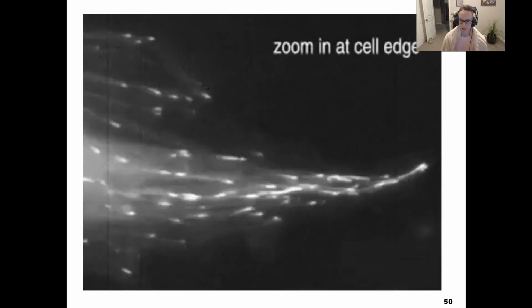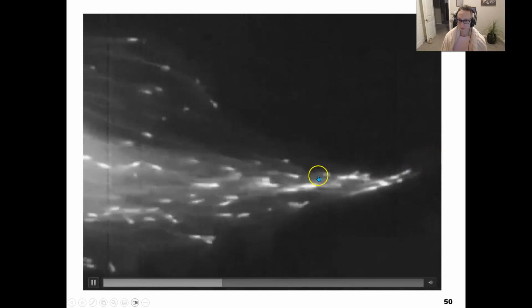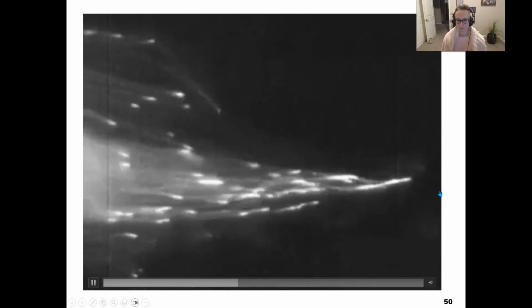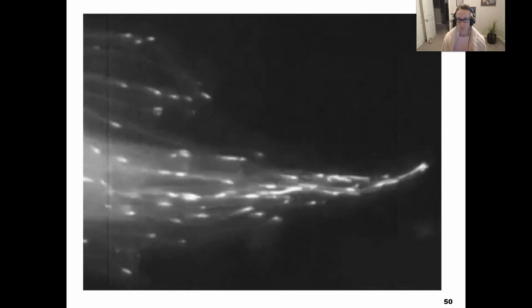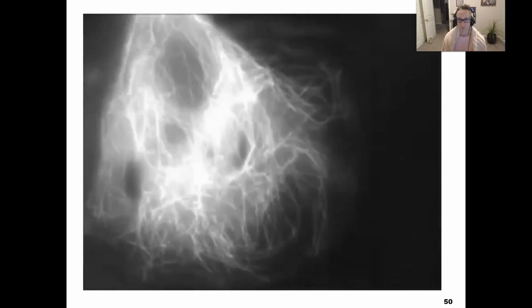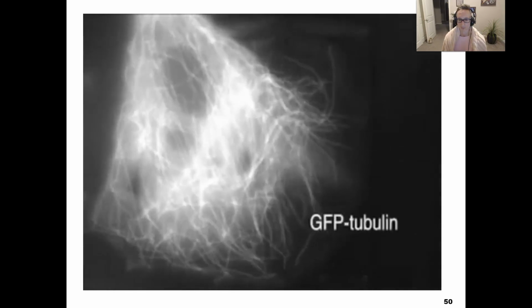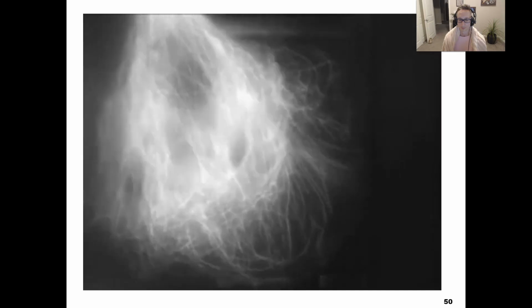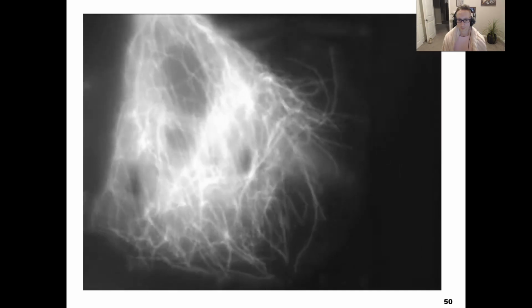So that's like the tip of a cell there. Only the ends of growing microtubules are visible in this experiment. Those that are static or shrinking have lost their GTP tubulin caps and do not bind EB1. In contrast, when all microtubules are labeled with GFP tubulin, the true extent of the microtubule cytoskeleton emerges.